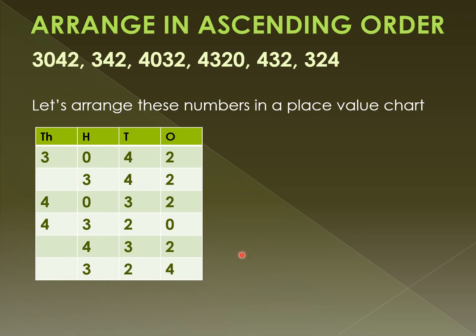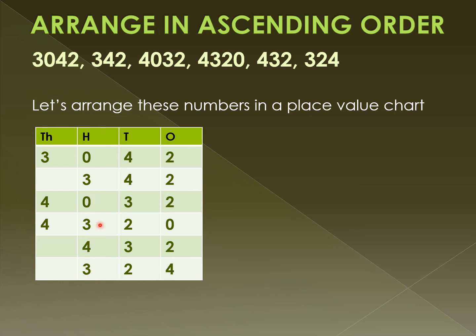So let's start. Clearly these numbers have thousands and these numbers start with hundreds. So these are the hundreds and these are the thousands. So clearly the smallest number will be either 342, 432 or 324.